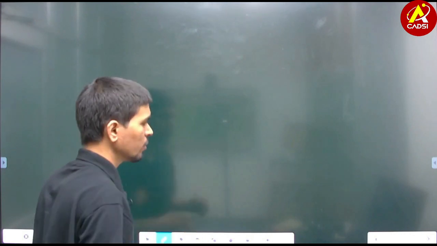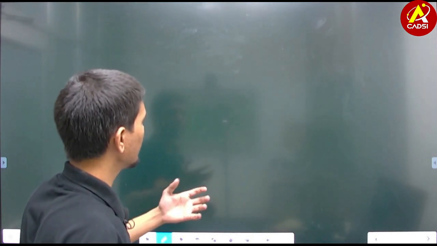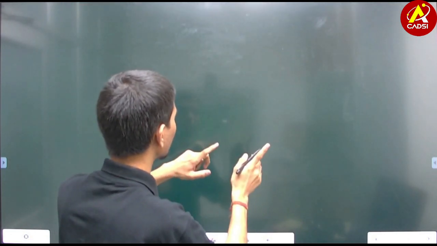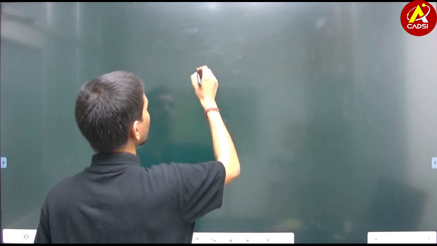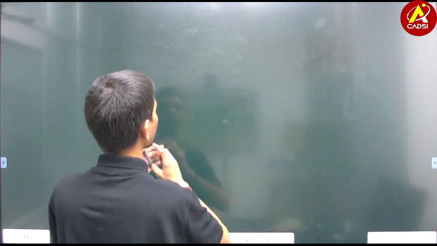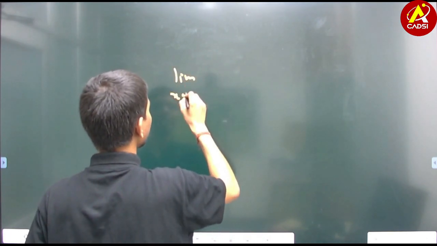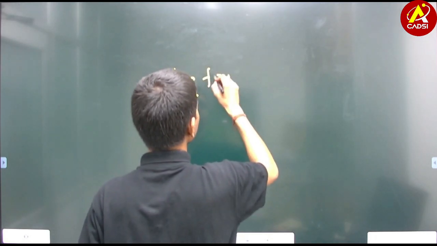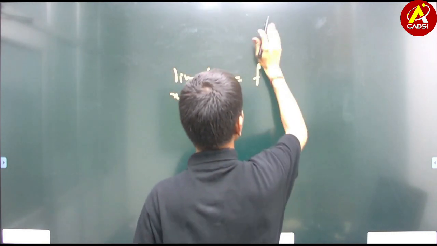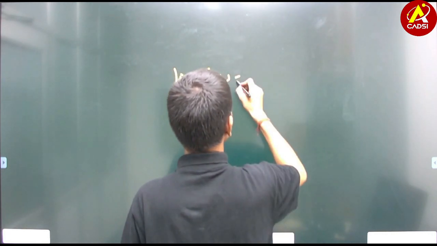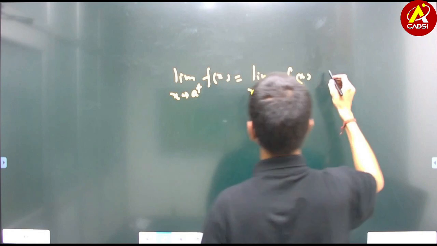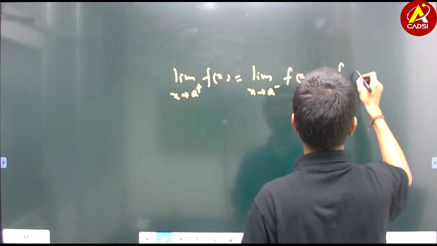Now I just want to say something about whether the function is continuous or not. Here, the limit as x tends to a of f of x, equal to the limit from the right and the limit from the left, equals f of a.